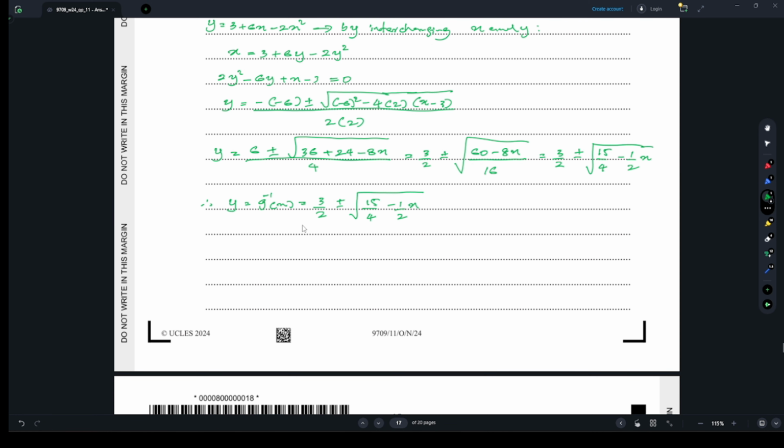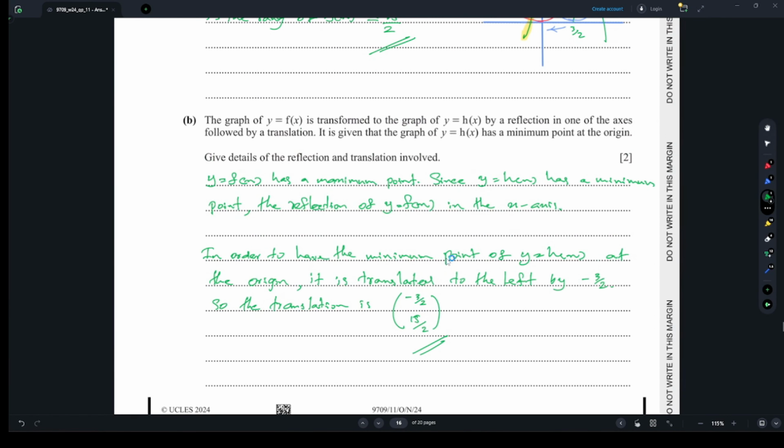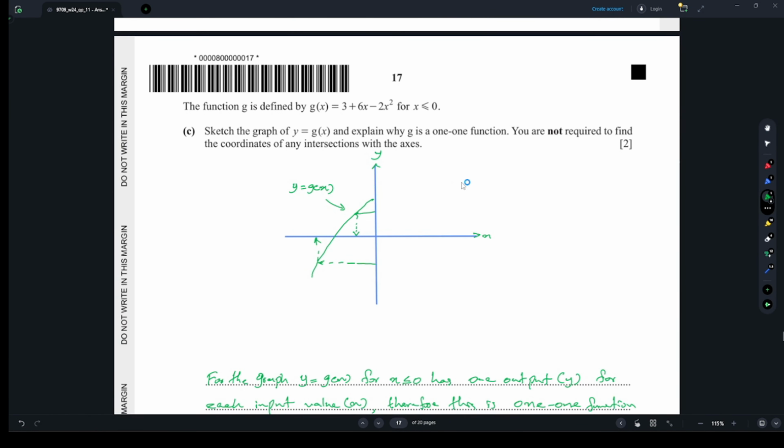Then you have to know another thing. So here we know the domain, right? We know the domain of this one. So we can write domain of gx is x less than or equal to 0. And then the range.